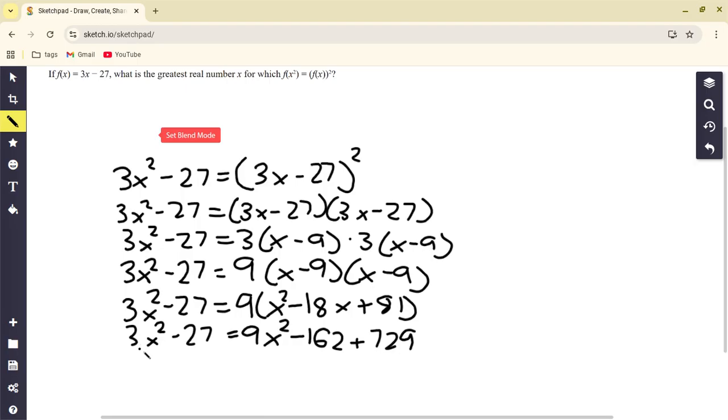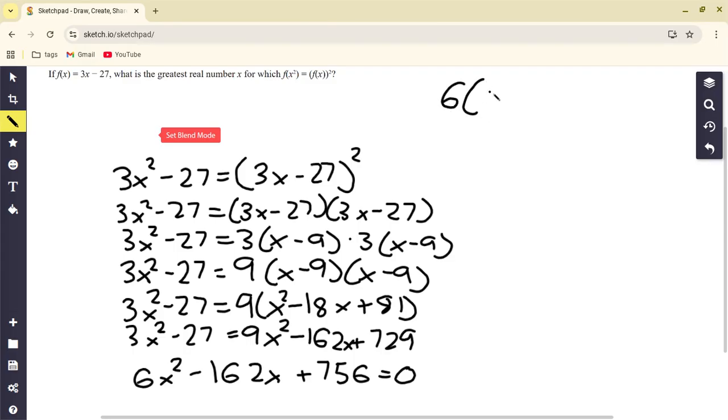Let's subtract 3x squared minus 27 from both sides to get 6x squared minus 162x plus 756 is equal to 0. And now we can factor out 6, I think, because all of these are divisible by both 3 and 2.